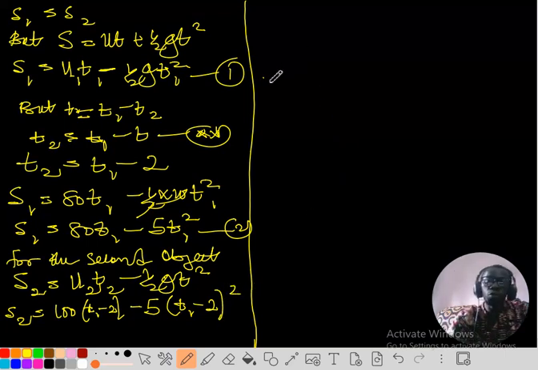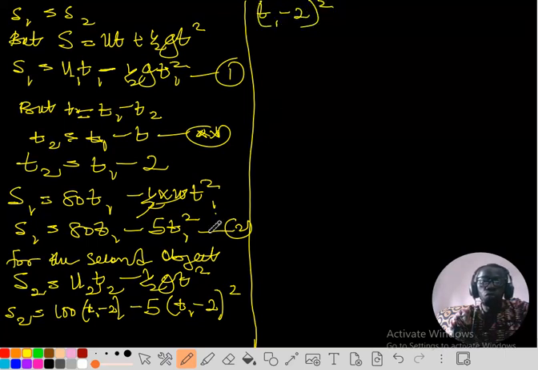So how do I simplify that? What I have here is t1 minus 2, then squared. That is for this part. If I'm to simplify that, this is equivalent to t1 minus 2 with another t1 minus 2.